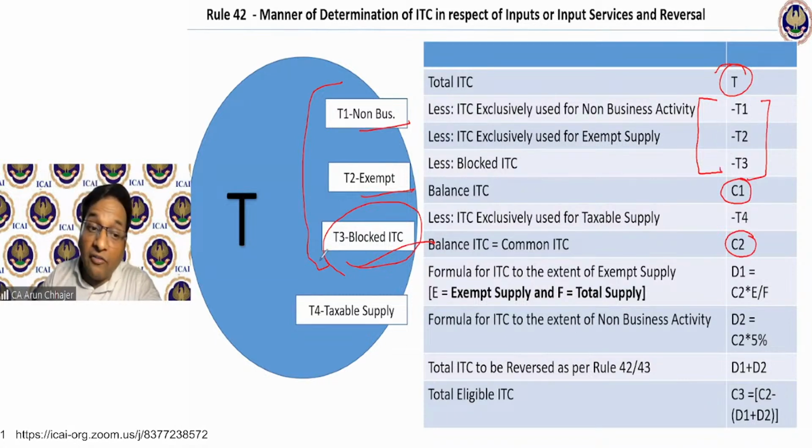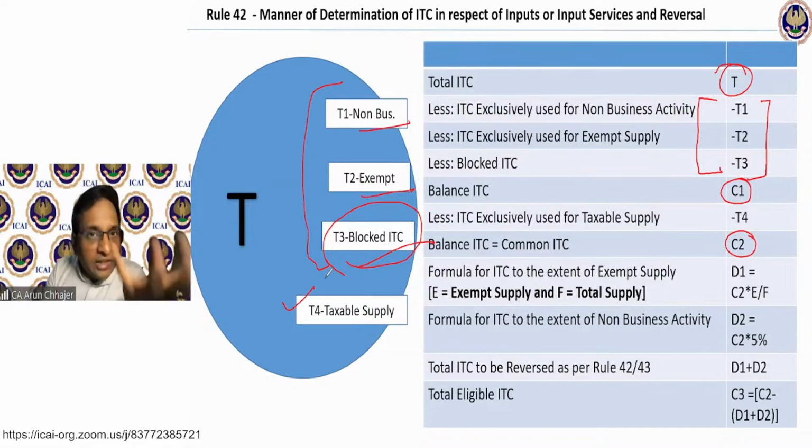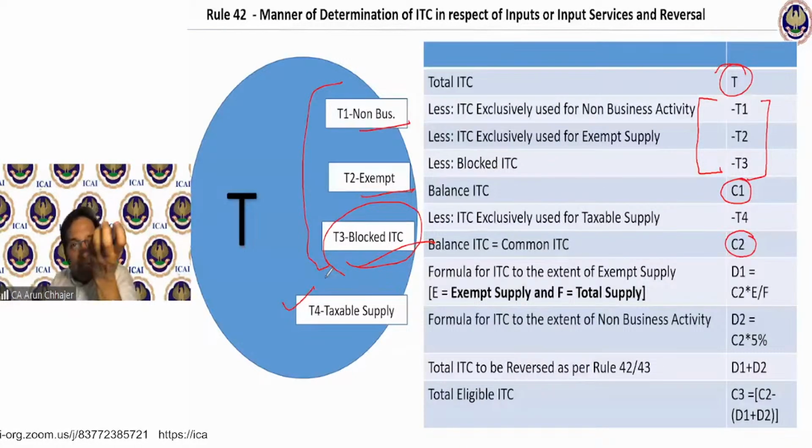After that, remove the one-to-one taxable supply ITC. Let's say I have purchased this laptop only for providing teaching, or the purchase of a pen or writing pad, items linked only to taxable supply. Then I can say this is T4.